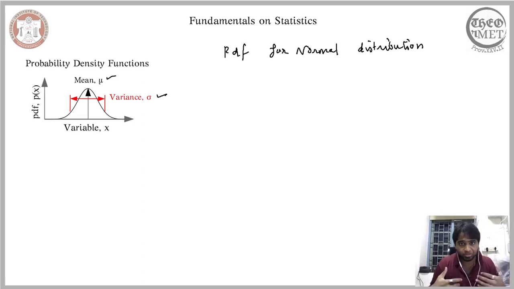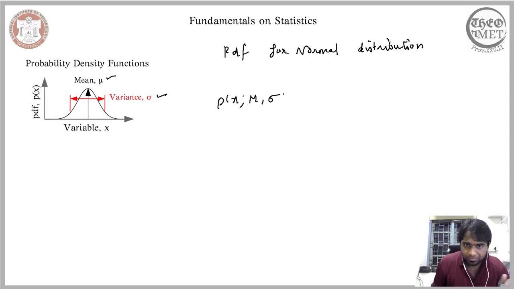So the probability density function, the small p of x, even though the independent variable for this function is x, is governed by mu and sigma, where mu is the mean, sigma square is the variance, and sigma is the standard deviation.